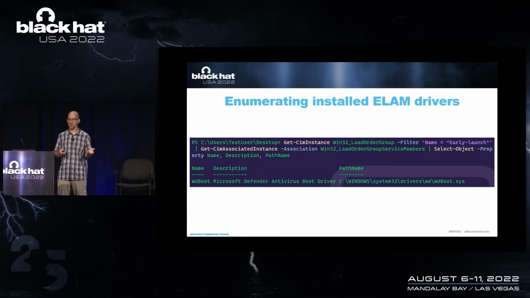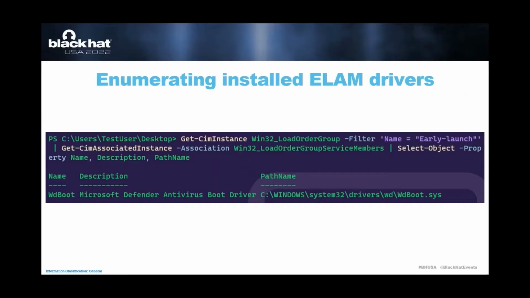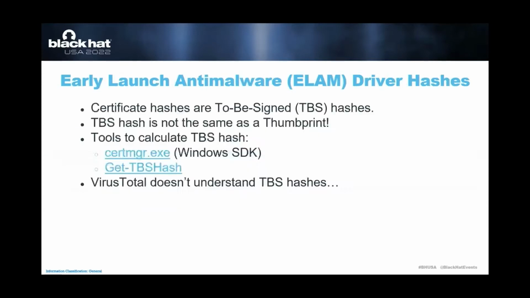We're looking at WdBoot, the Microsoft Defender AV ELAM driver. This will be installed by default on any Windows system. They're supposed to be installed as a service in the early launch service group, so this WMI query would list all of those out. Now, I said this is the default way of installing it. As we'll see later on, you don't actually have to install the ELAM driver in this way. You can just call an API to get it registered.